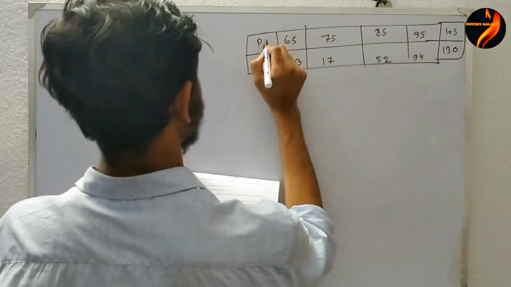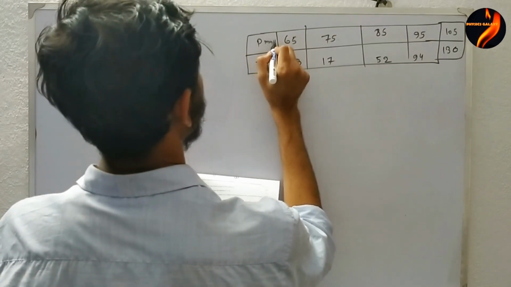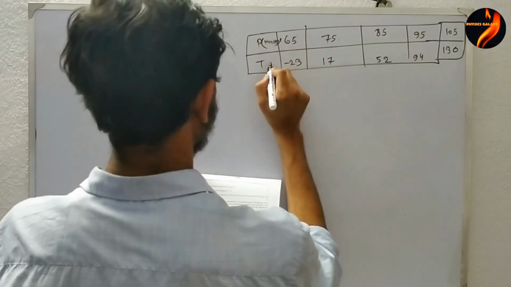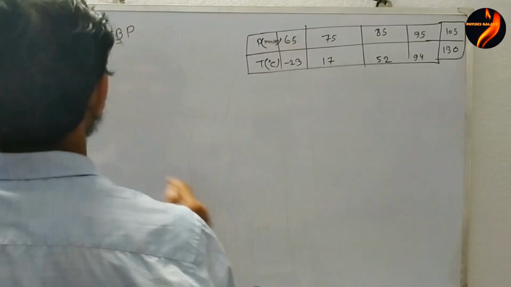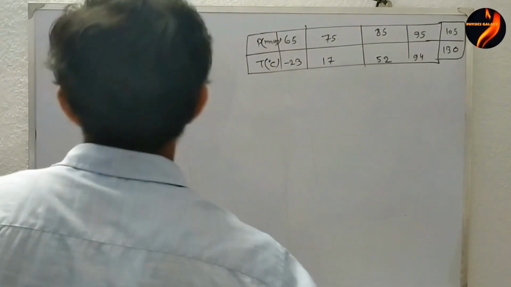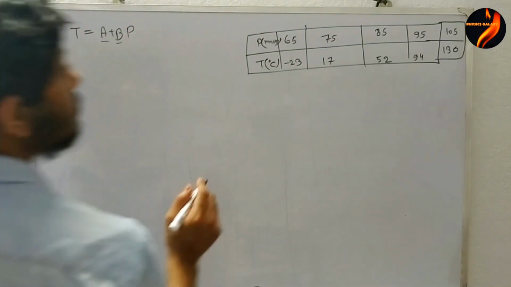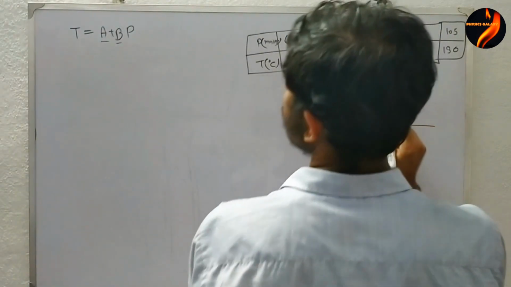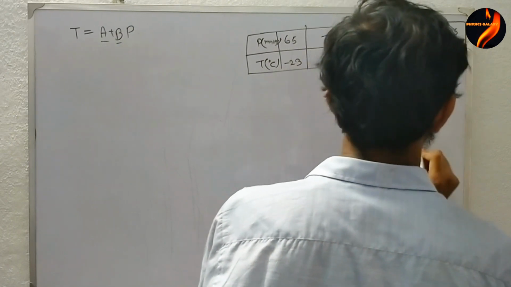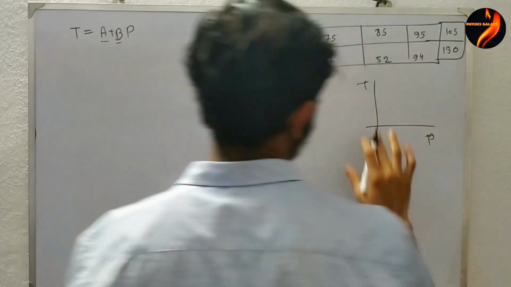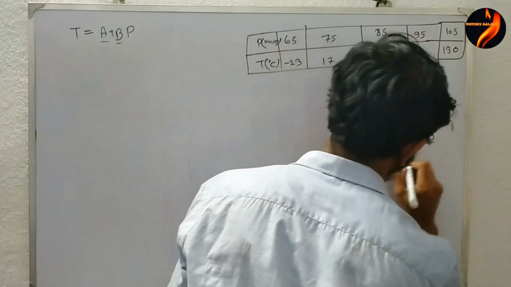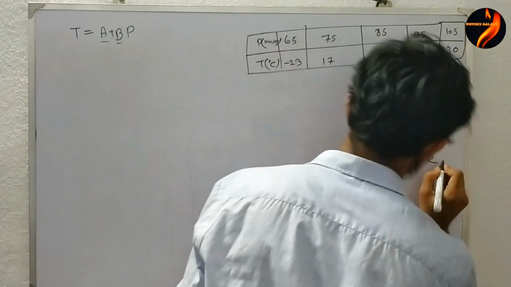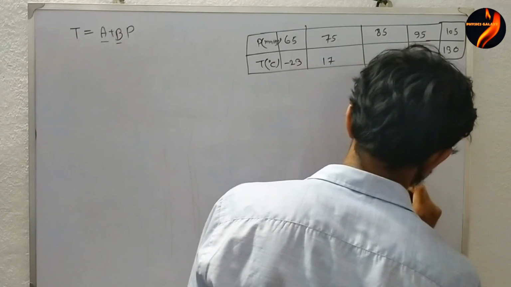P is in mmHg and T is in degrees centigrade. Now if I draw a curve of T and P, then in this curve B is the slope and A is the intercept.